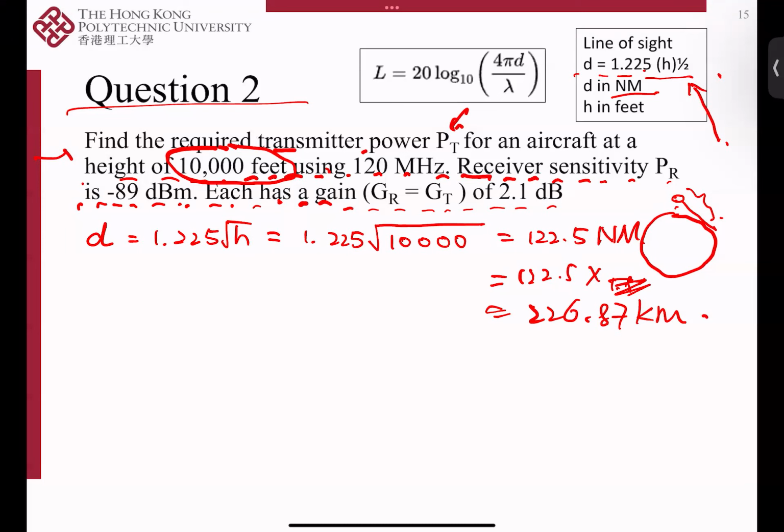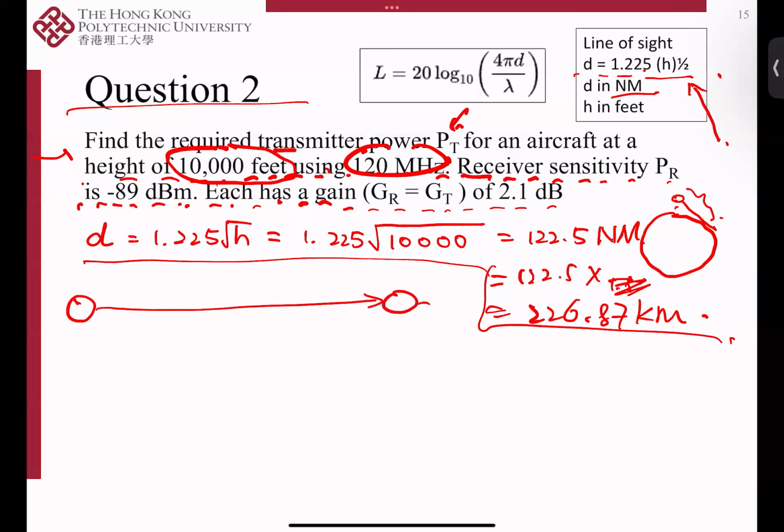So after that, this is the distance we know, right? And we also need to know about the frequency in here, and something related to the wavelength, because we're going to calculate the loss during the path. So the idea is that if you have the transmission, let's say this is the transmitter, this is the receiver, and we're going to transmit this signal, we need to calculate the required power.